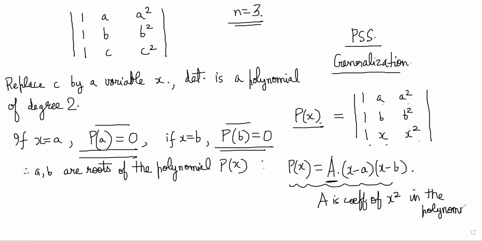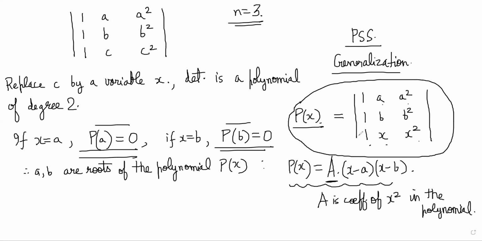So if I want to calculate the coefficient of x square in this determinant, I should evaluate across the lower row and lower column. So if I evaluate like this, I will get x square multiplied by this determinant. So basically the cofactor of this is 1a, 1b, right?